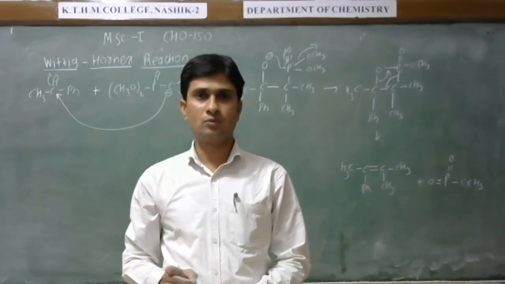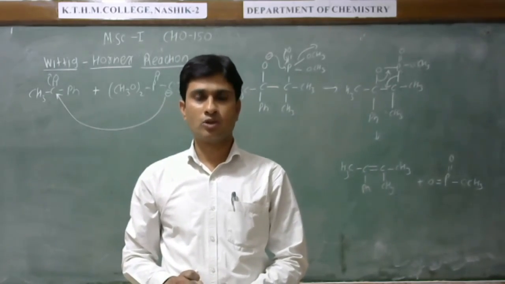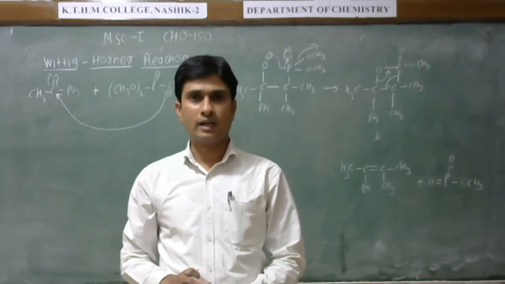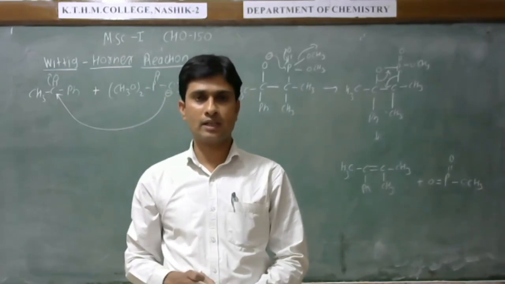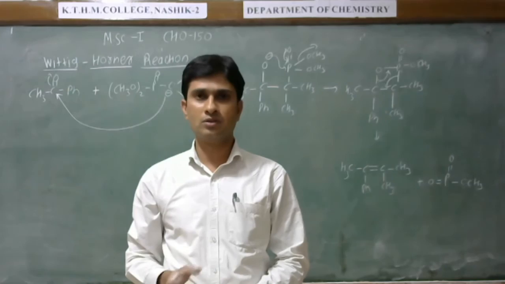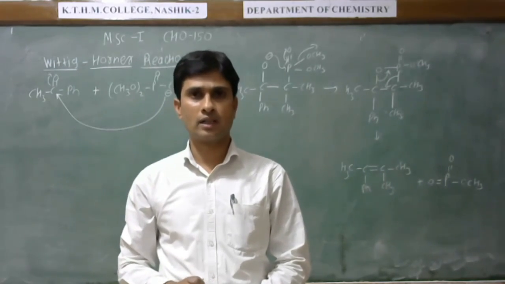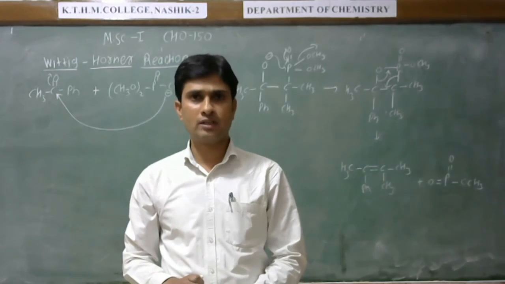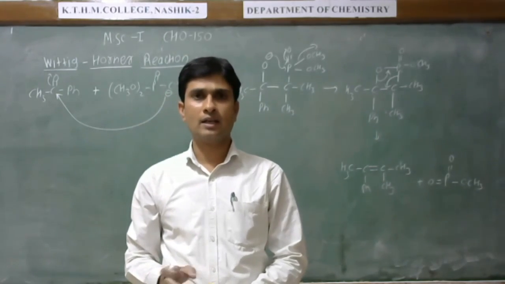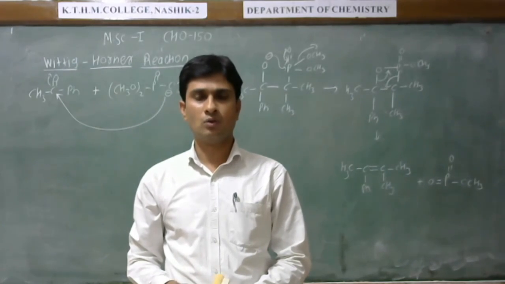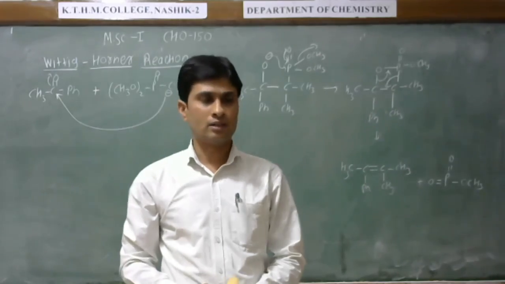So at that time, if we use the phosphonate ylide, then it will give us the reaction, and if we use the phosphorane, then it will not give the reaction. Phosphonates are cheap and easily prepared by the Arbuzov reaction, unlike the phosphorane.